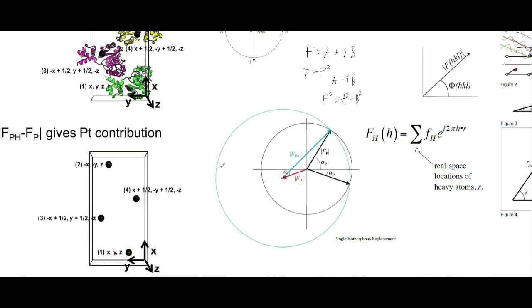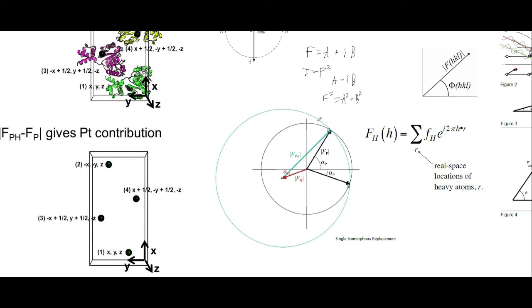So then we end up getting these two circles like this, which are the various phases that you can get from the heavy atoms, and from that we can find out where they overlap here, and you see that we end up with two places where we overlap.